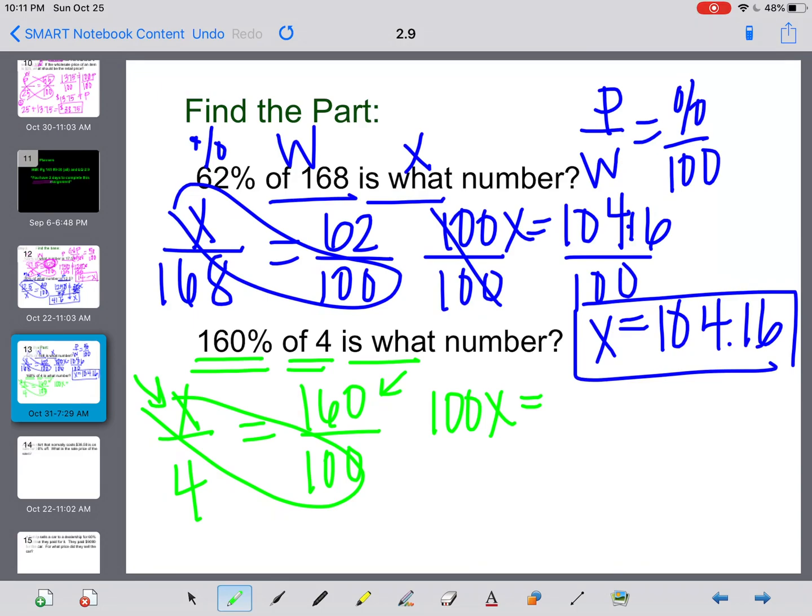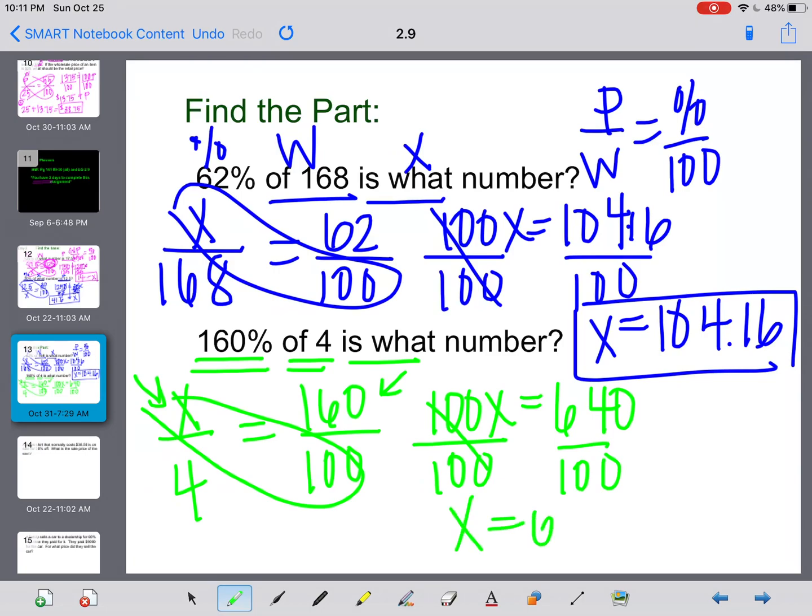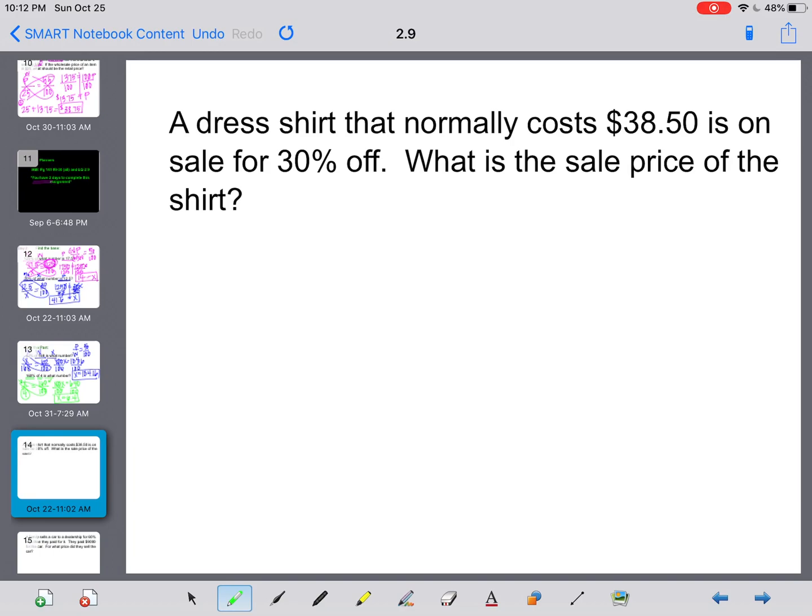So when I do my cross multiplying, I get 100x equals 160 times 4. Divide by 100. Tells me that x equals 6.4, which is bigger than our whole number 4, so that is accurate.